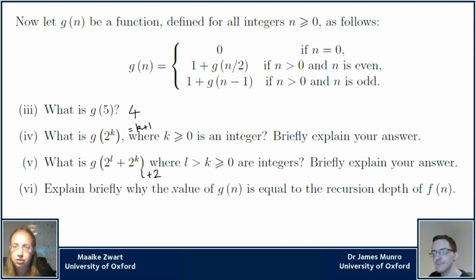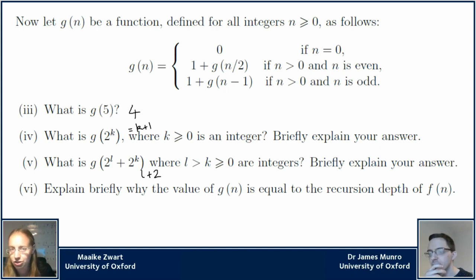Because if n is 0, then from f, we have immediately the answer. So we make 0 recursive calls. And if n is even, then we make 1 recursive call to get f of n divided by 2, and then plus however many recursive calls that function takes.